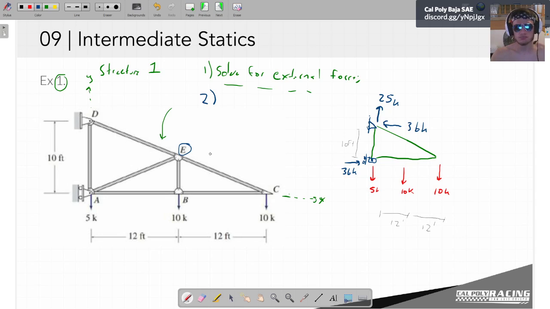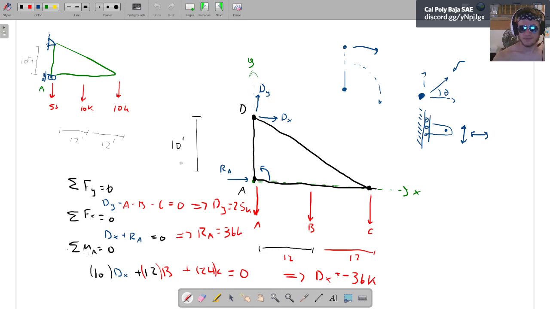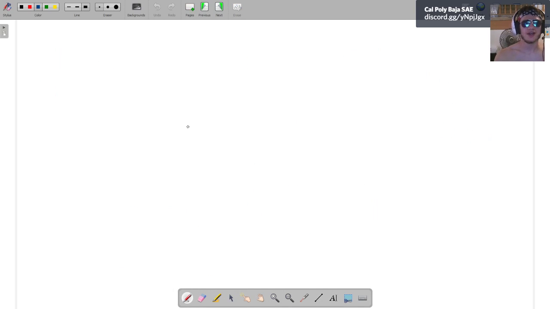Anyone else have a suggestion of where they'd like to start? Point D? I think point D is a pretty good option. But for Josh, we'll start at point E. And we'll do that, if not to prove a point, just because why not? So, point E.